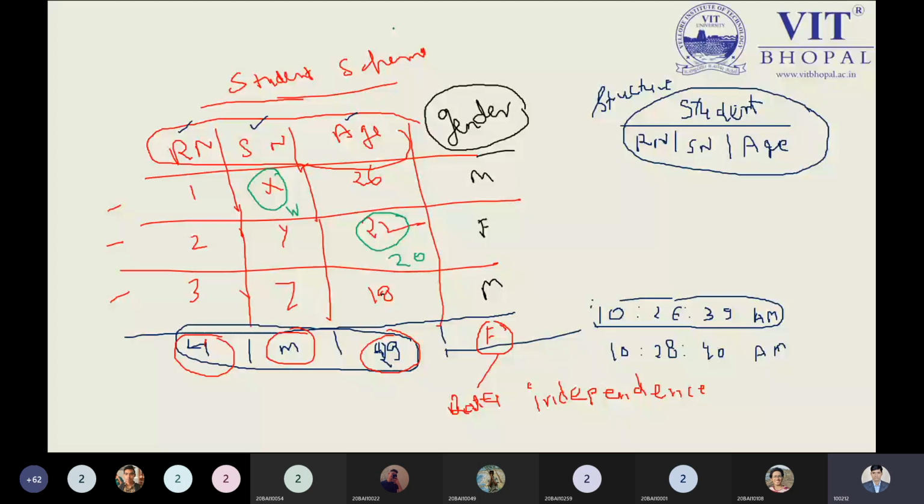So if I put this data over here, my other details, student roll number, name, and age, will not be changed. That is a point I have to keep in mind.